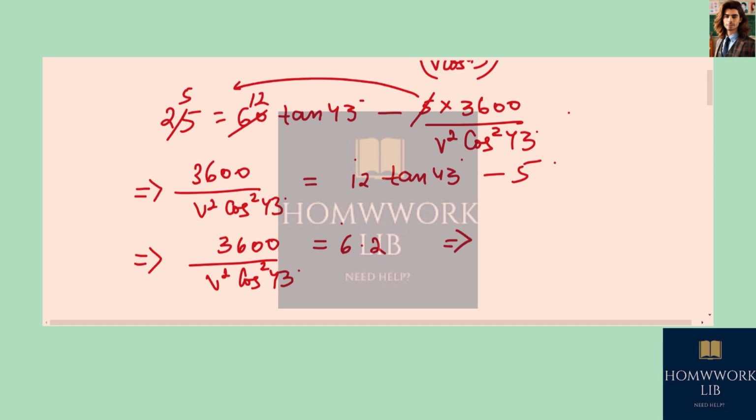So from here we get the value of v as root of 3600 over 6.2 times cos squared 43.